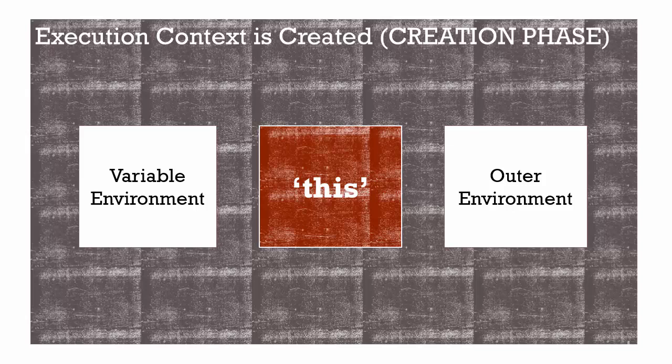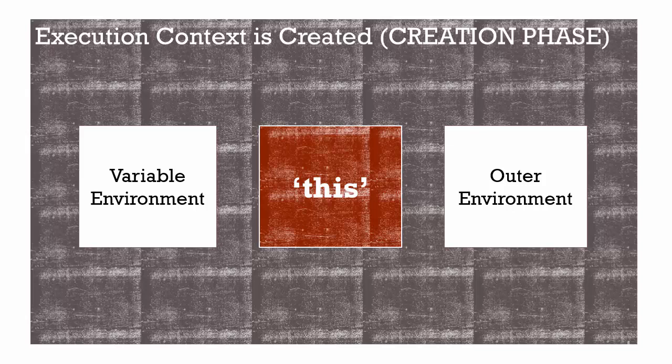This can cause a lot of confusion. There are a few scenarios where this will be changed depending on how the function is called, where the JavaScript engine will decide that this should point to something different, that the this keyword is a particular object or another, depending on where the function is and how it's called.